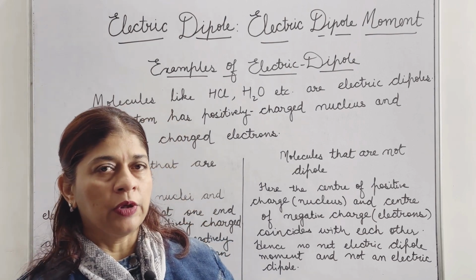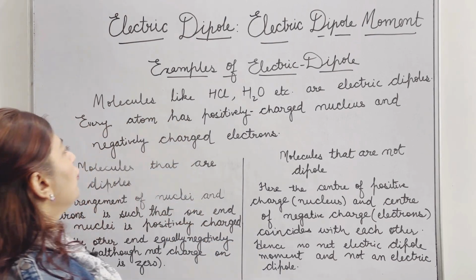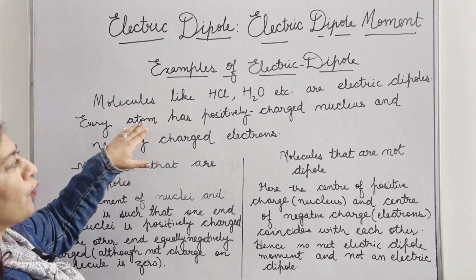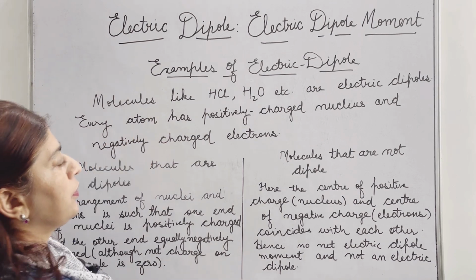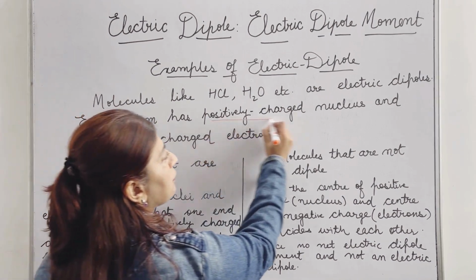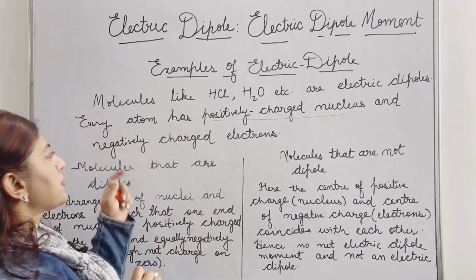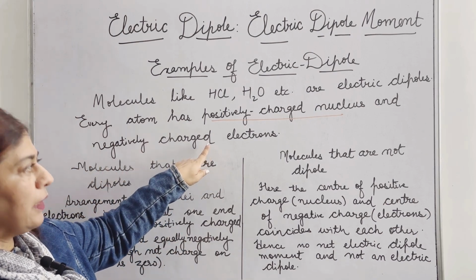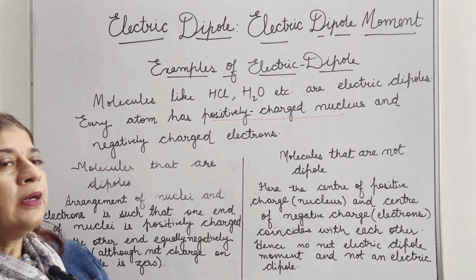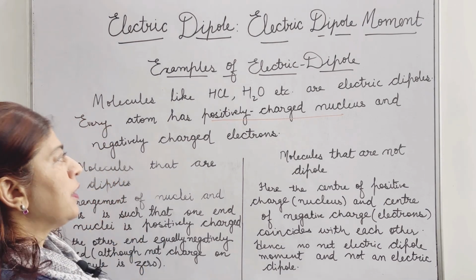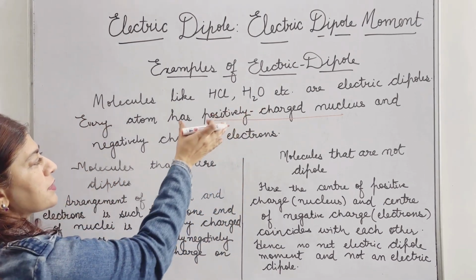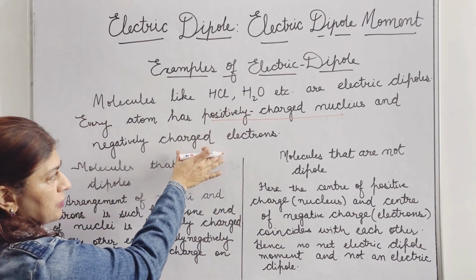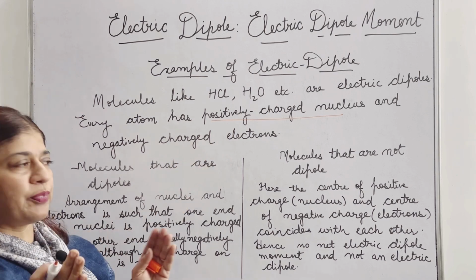To understand that, we have to remember that each atom has a positively charged nucleus and negatively charged electrons. In some molecules, the positively charged nucleus and the negatively charged electrons are separated.